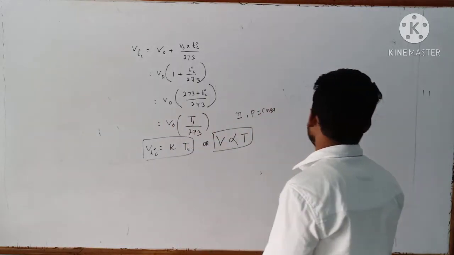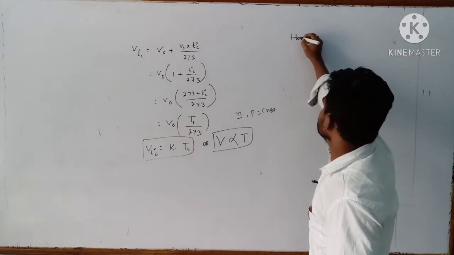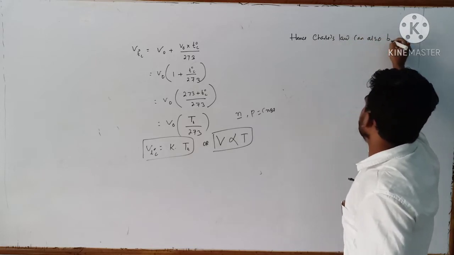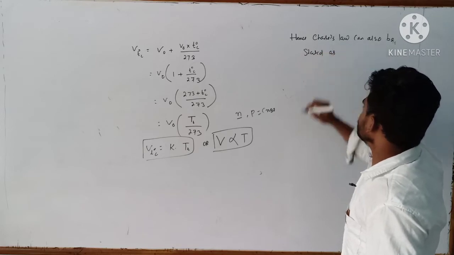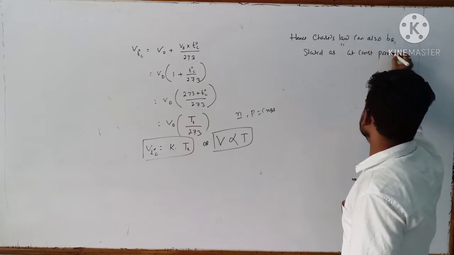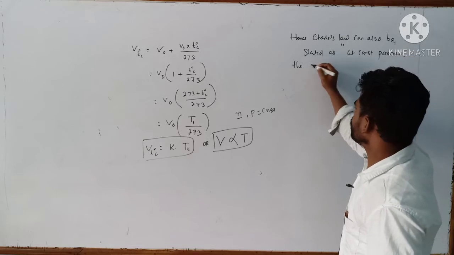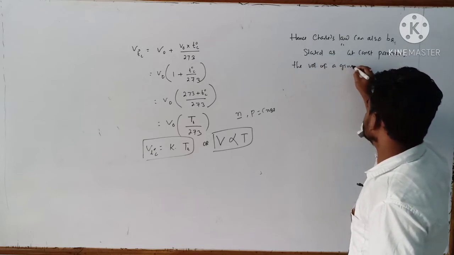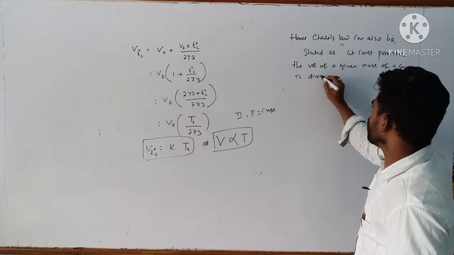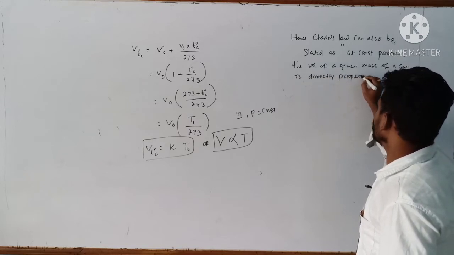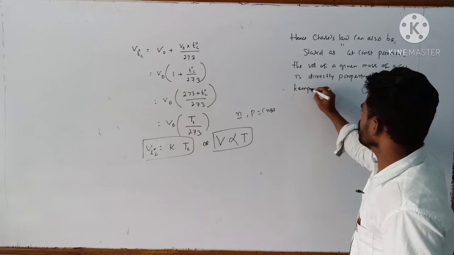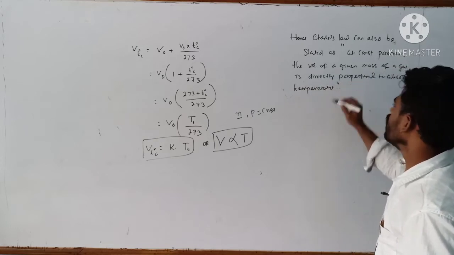Hence Charles law can also be stated as: at constant pressure, the volume of a given mass of a gas is directly proportional to its absolute temperature.